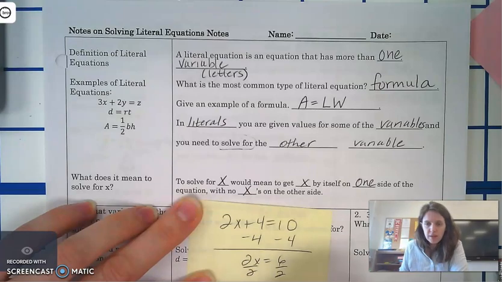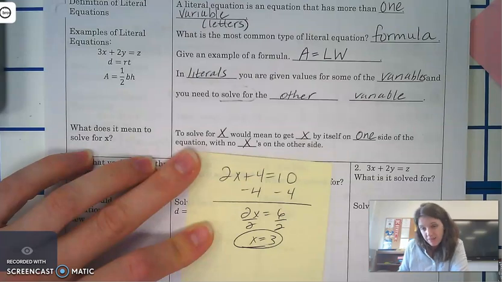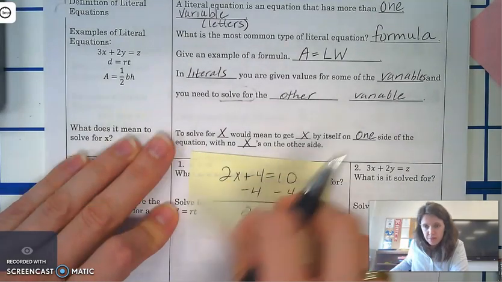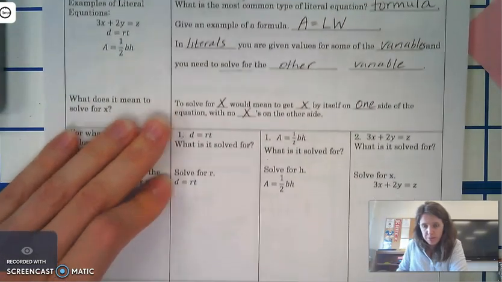When I'm solving for a literal, it's going to look a little different because a lot of the parts of the equation are letters. So I can't necessarily solve for them unless I'm given a number to substitute for that variable. So we're going to look at some examples down below, and I think it'll make a little bit more sense as we go through it, okay?